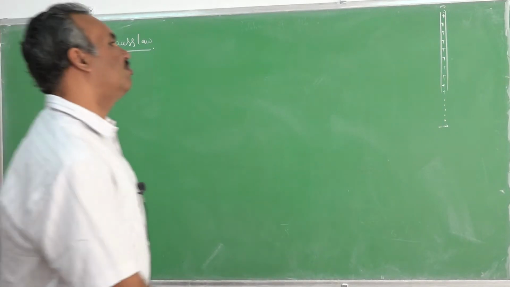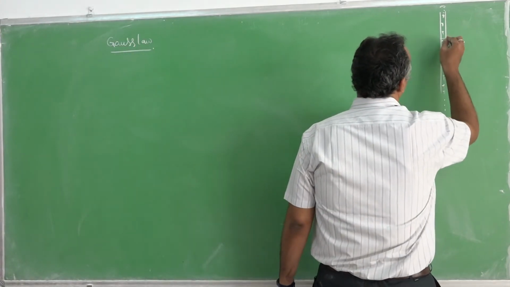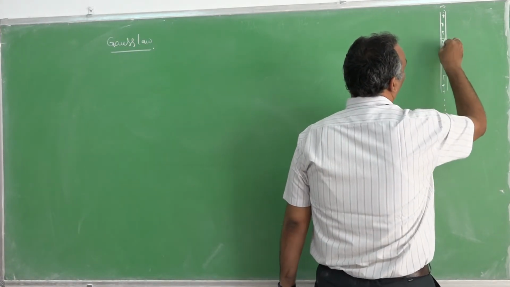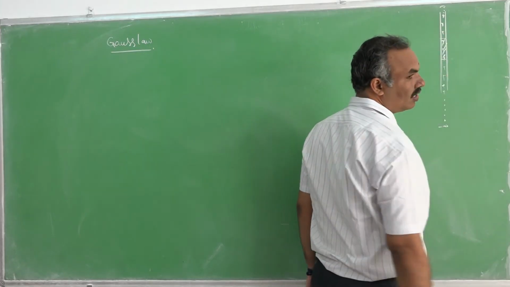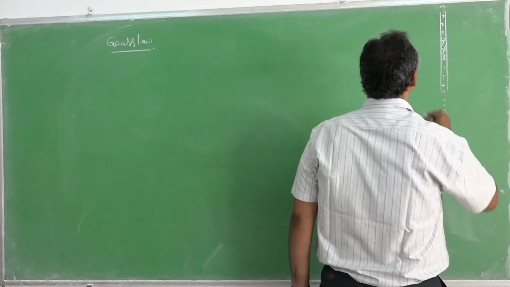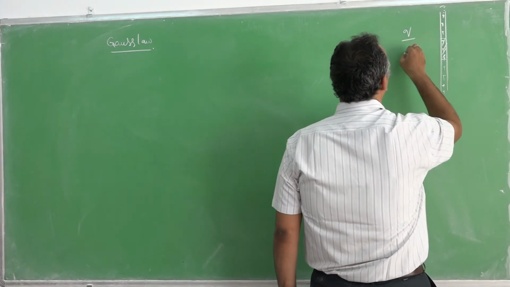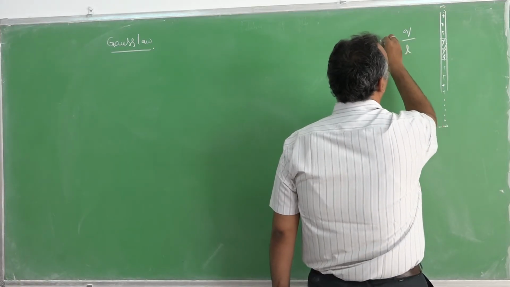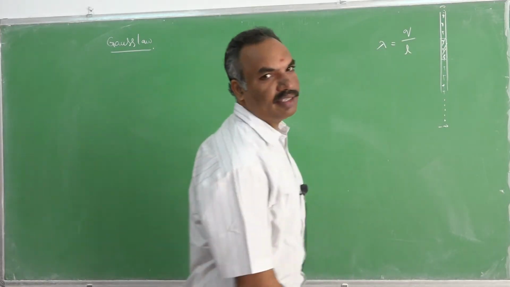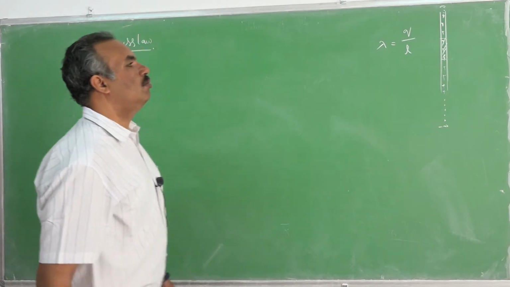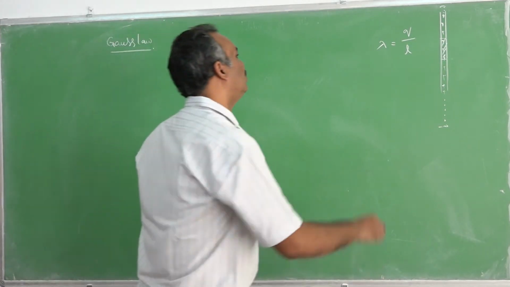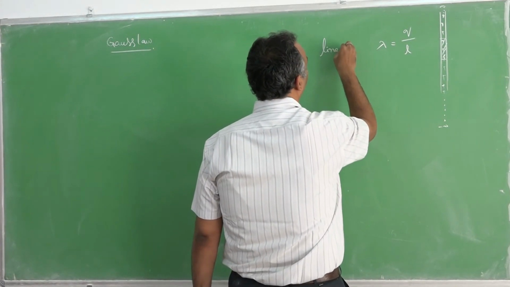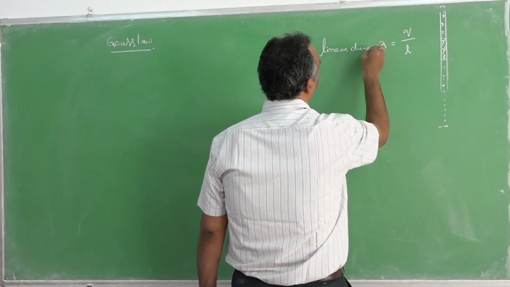That's why we will consider unit length of the conductor, and we will calculate what is the charge available on that particular unit length. So if Q is the charge available on L length, then lambda is defined as charge available per unit length, the linear charge density.